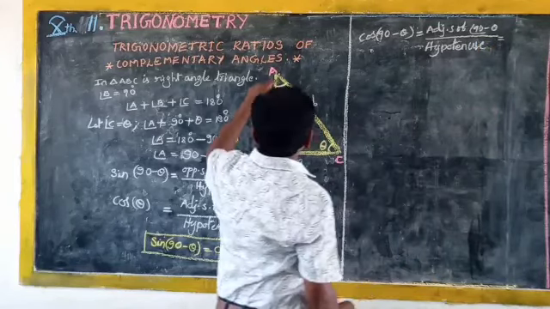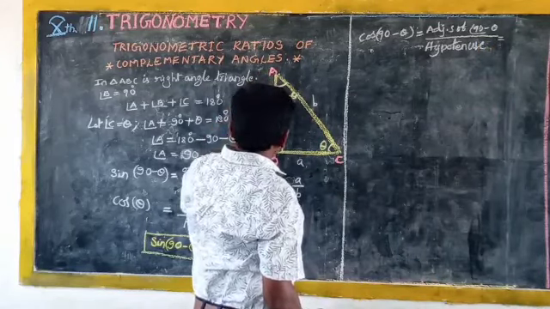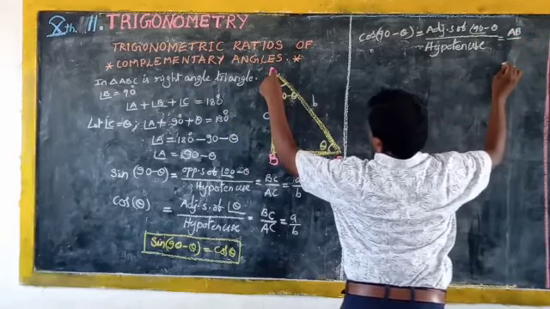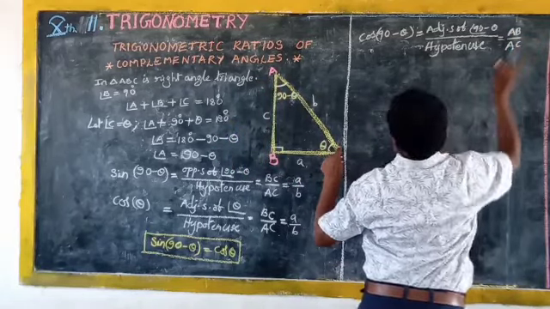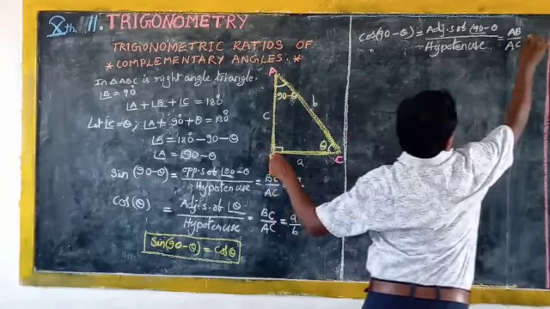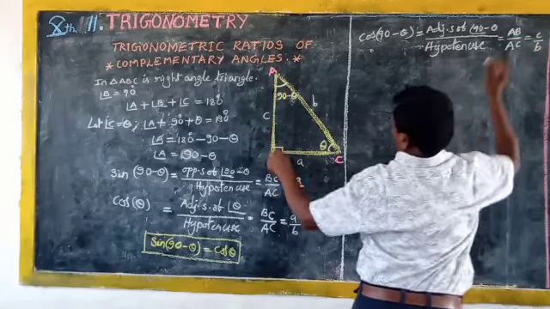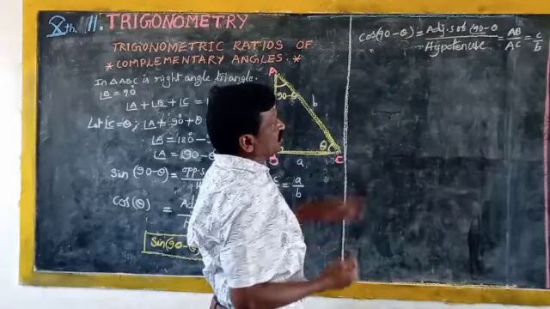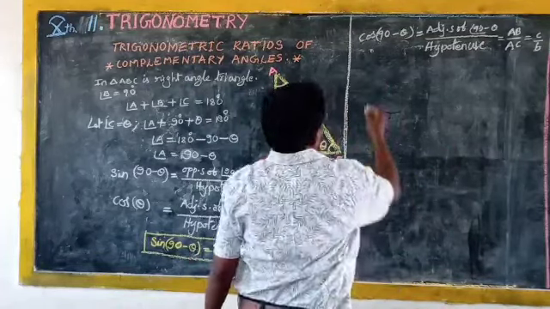So cos 90 minus theta is adjacent side AB by AC. AB is equal to c, AC is b. Cos 90 minus theta is equal to c by b.